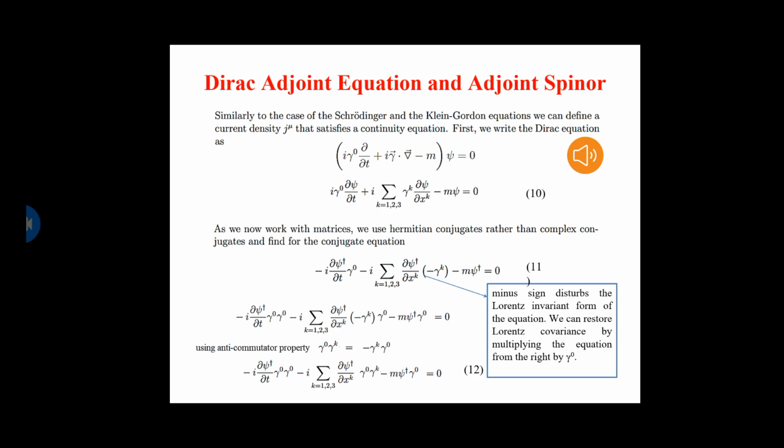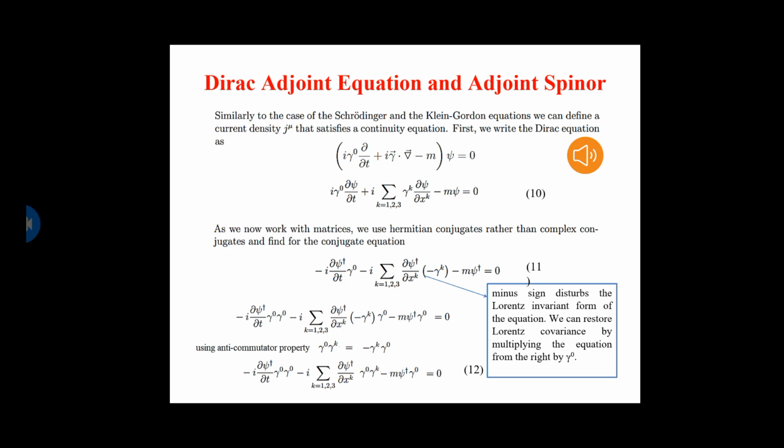First, we write the Dirac equation: iota gamma naught partial over partial t plus iota gamma dot del minus m into psi is equal to 0. Iota gamma naught partial psi over partial t plus iota summation k is equal to 1, 2, 3 gamma k partial psi over partial x k minus m psi is equal to 0, marked as equation number 10.